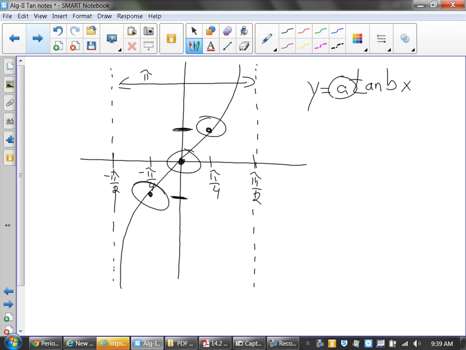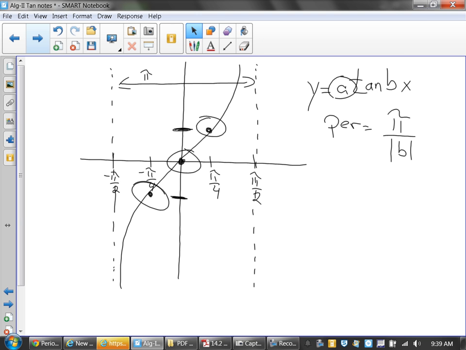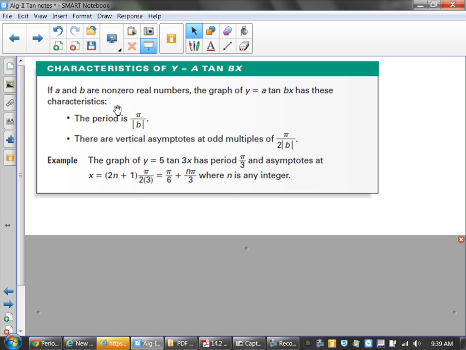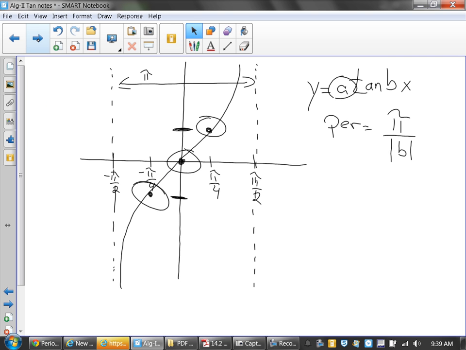The b value, again, is going to help you find your period. The period of tangent is always going to be pi divided by the absolute value of b. And then the other part is to find your asymptotes.